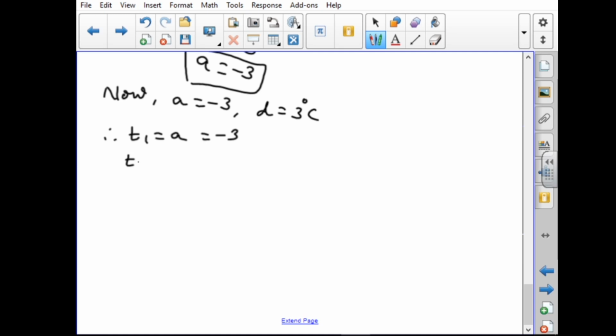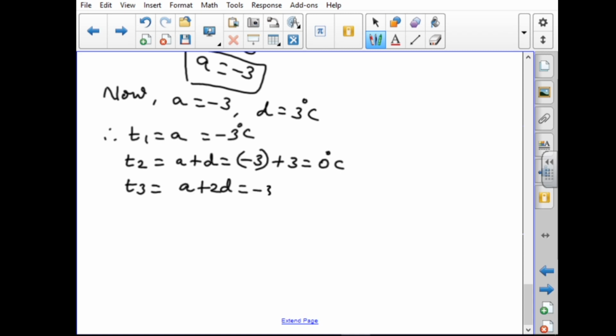Next, T2 is A plus D. So A plus D is, A is minus 3 plus 3 equal to 0 degree C. Next, third term, T3 equal to A plus 2D. So minus 3 plus 2 into 3, we get the value 3 degree C.